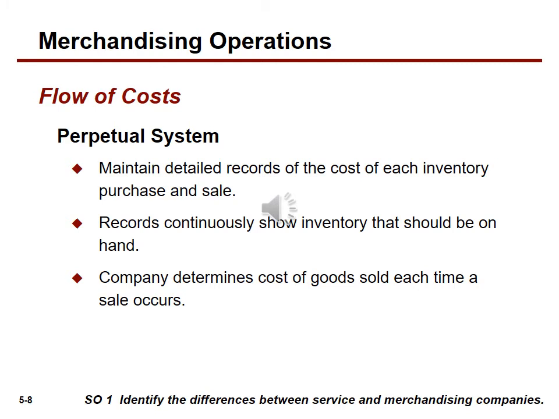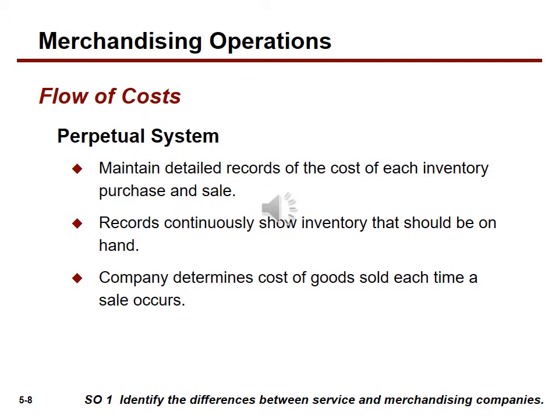Under the perpetual inventory system, the company maintains a detailed record of the cost of each inventory purchase and sale. So unlike the periodic inventory system in that regard. Under the perpetual system, the company also keeps records that continuously show the inventory that should be on hand.